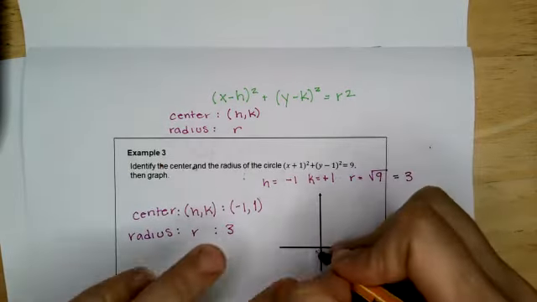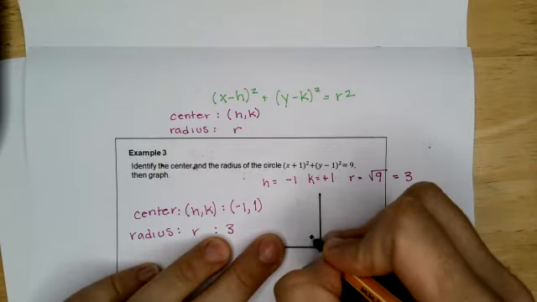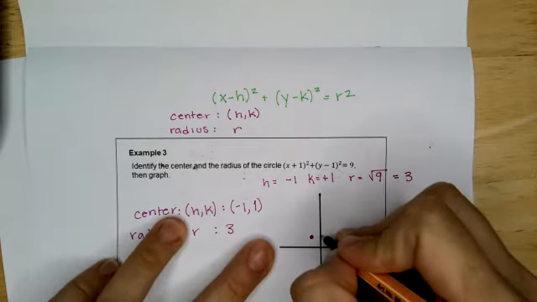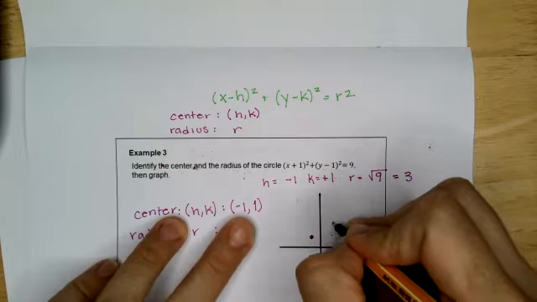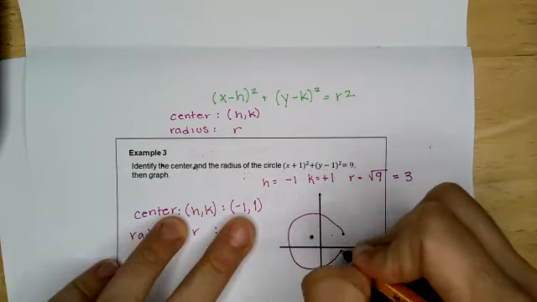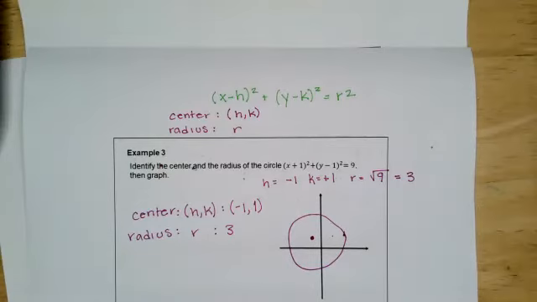So if I know its center is at -1, +1, and that it has a radius of 3, it's going to look like this.